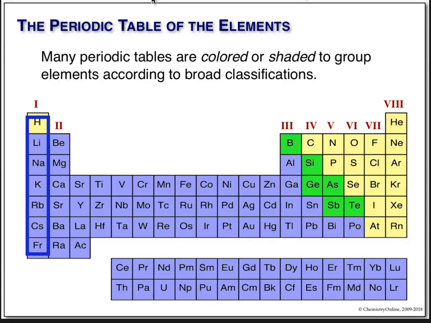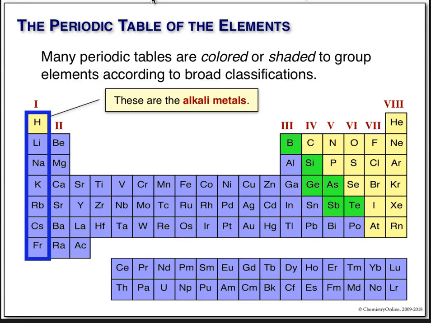Over here in group 1, alkali metals. We've seen lithium, sodium, and potassium and the way they react with water. Same thing with rubidium and cesium. Thing to note about our first period here is hydrogen is there, but it's actually a non-metal.